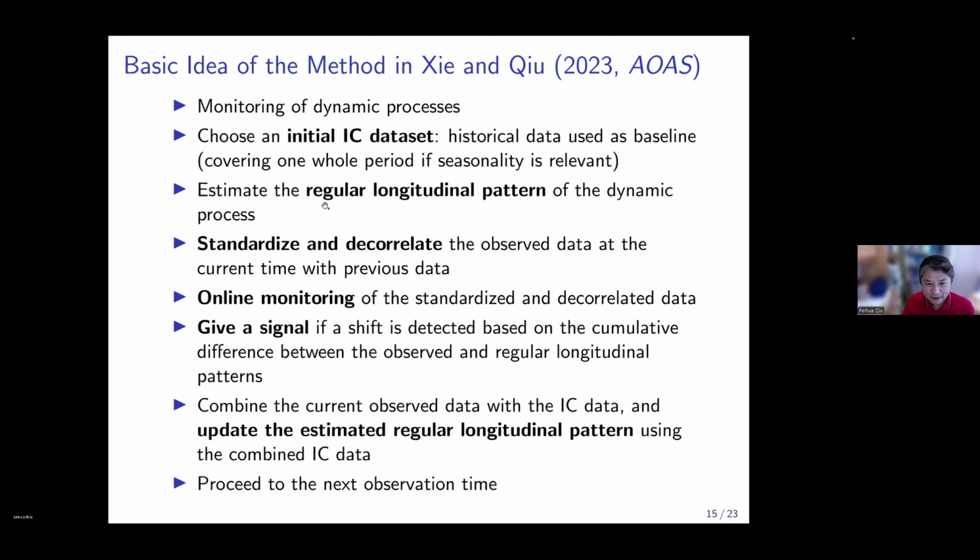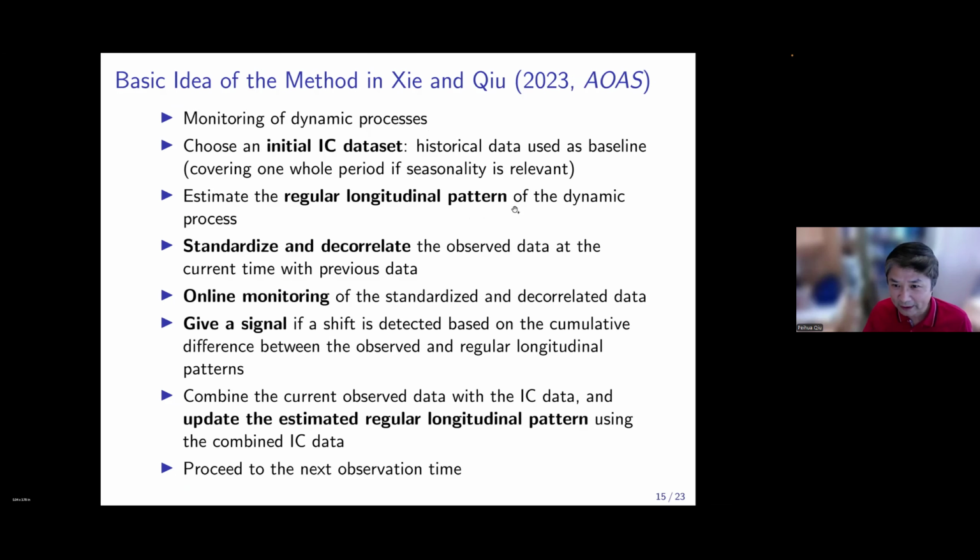Then we estimate the so-called regular longitudinal pattern of the process from the initial in-control data by using non-parametric curve estimation. Then for the monitoring, after the data are collected, we first standardize the observed data. How to standardize? We subtract the mean and divide by the standard deviation, where the mean and standard deviation are from the estimated regular longitudinal pattern.